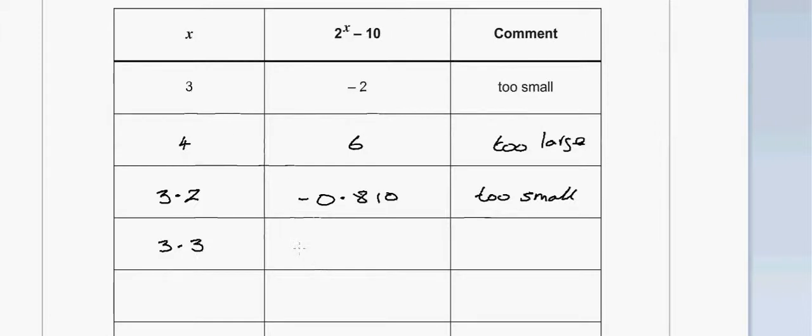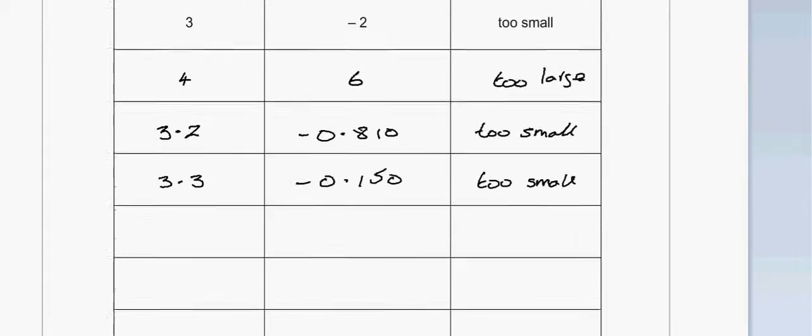Now here I get an answer of minus 0.150. Okay, still too small, but getting closer to 0. So let's try 3.4. I can hear you saying, oh yes Tel, let's try that.